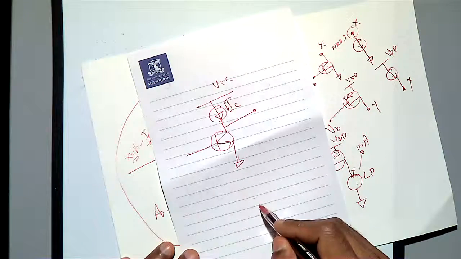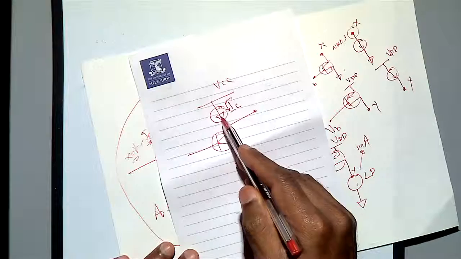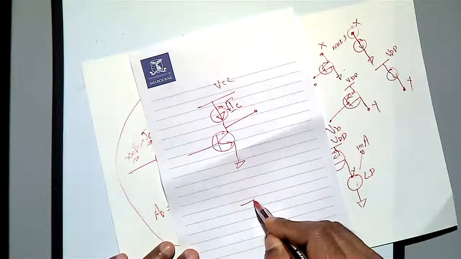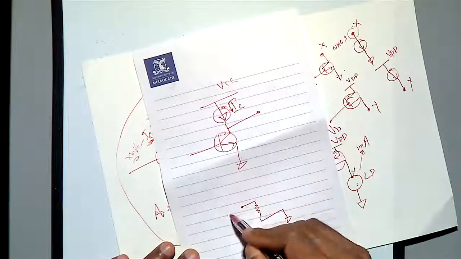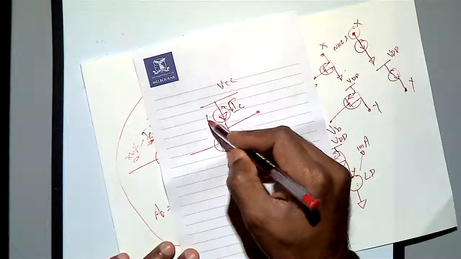When you design it using this transistor, what is happening is, when I draw the small signal, you are connecting a constant DC voltage at the input of this transistor, TR.